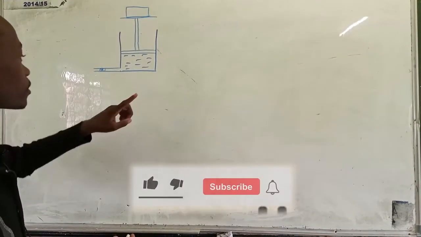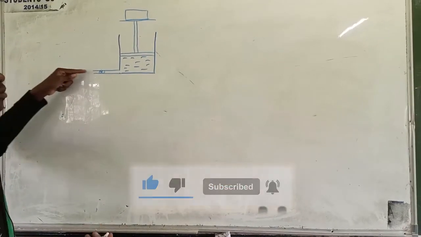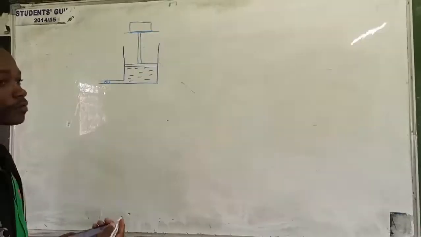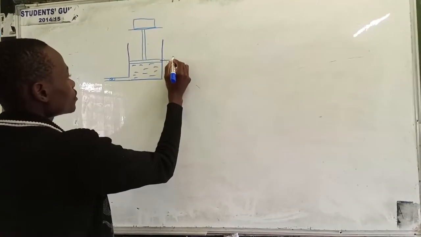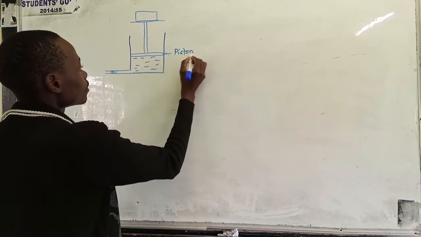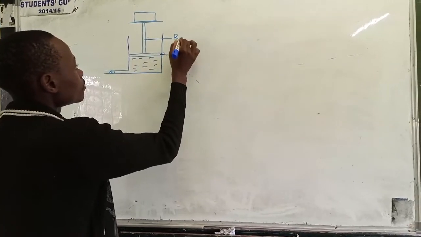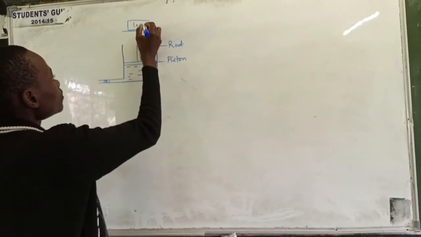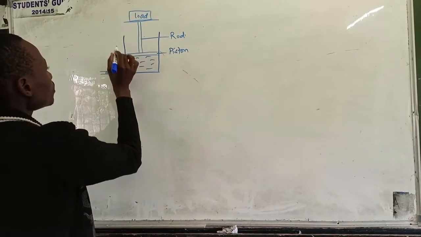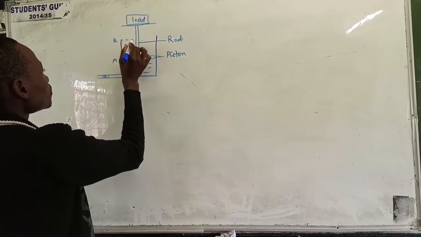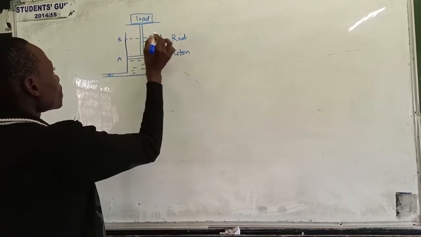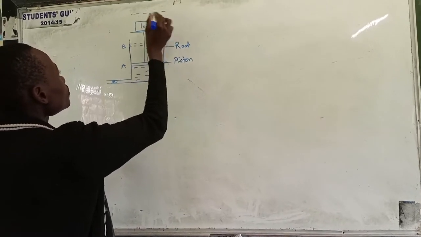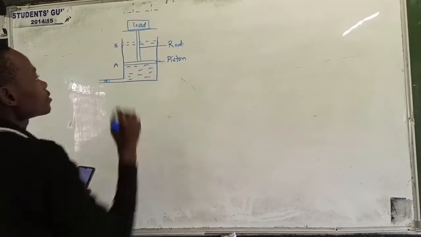So we have a fluid coming in from down. When it enters this lift, it pushes the piston up. This is the piston, and this is the rod. So when it pushes it up, it raises this load from maybe point A to point B. The load has now moved to some other new point.